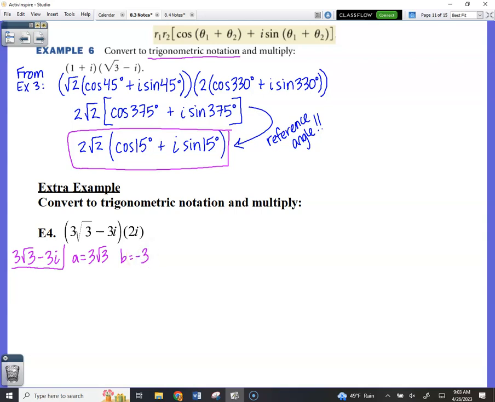So if we're writing this in trig form, if you remember from the second or third slide, we need to find R, then we need to find the cosine and the sine fractions, then we find theta. Okay, so R is the square root of a squared plus b squared. A is 3 root 3.